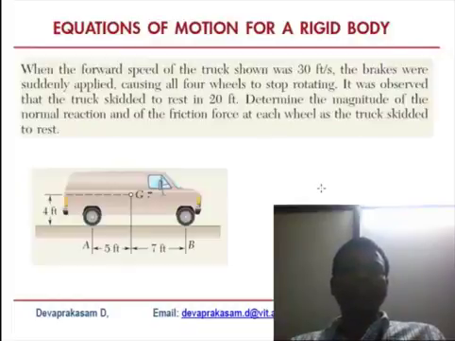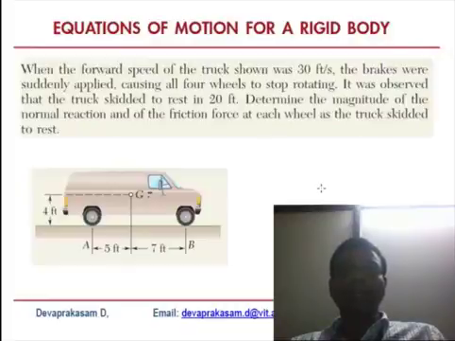Before that, you have to apply the equation of motion to find the acceleration in the x-axis. As soon as you apply the brake, there is a deceleration, and the truck has to travel 20 feet to come to rest.